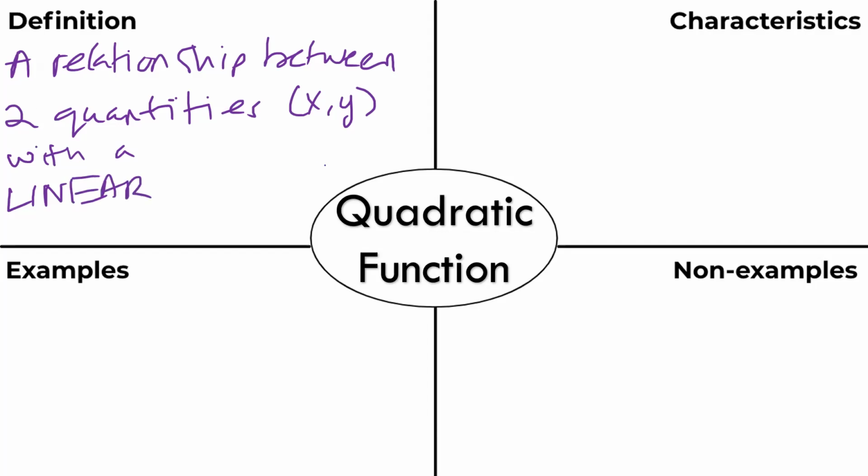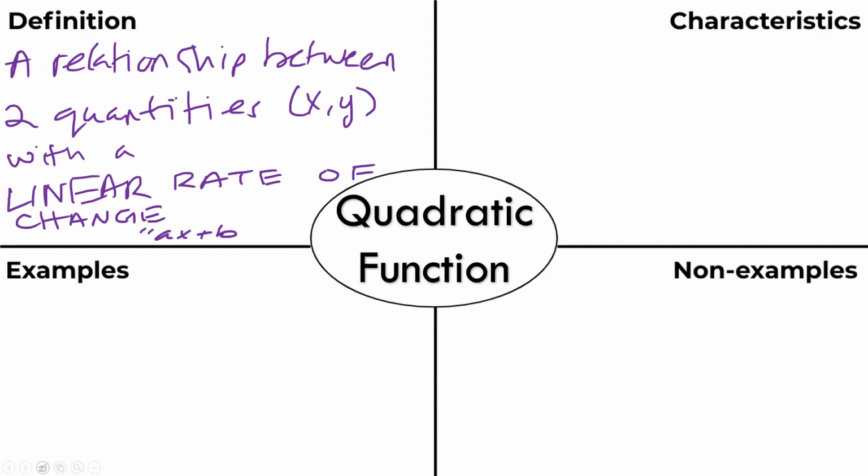Linear rate of change. Okay, so it's a linear rate of change, which means that to get from one number to the next, you are multiplying by something and then adding something.